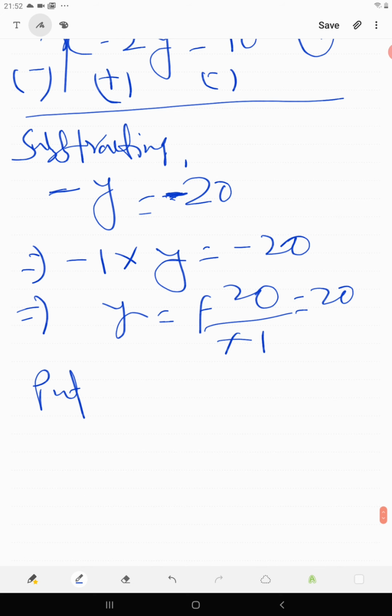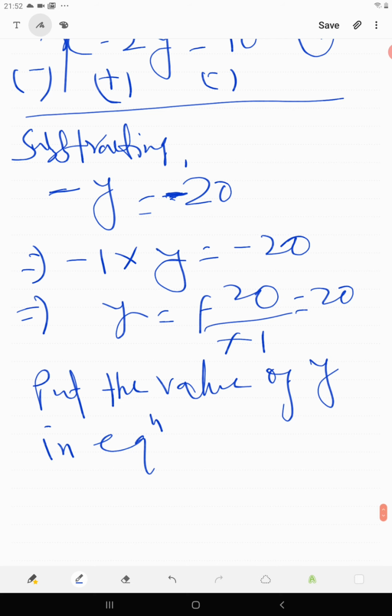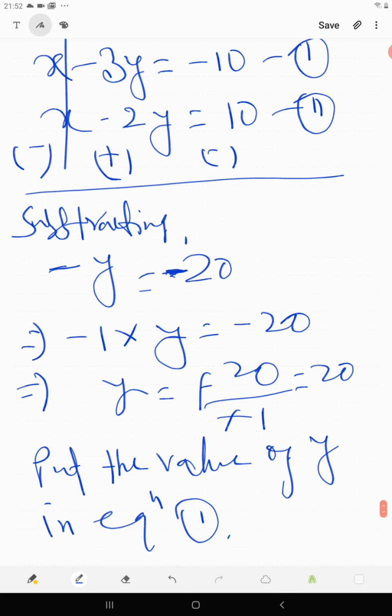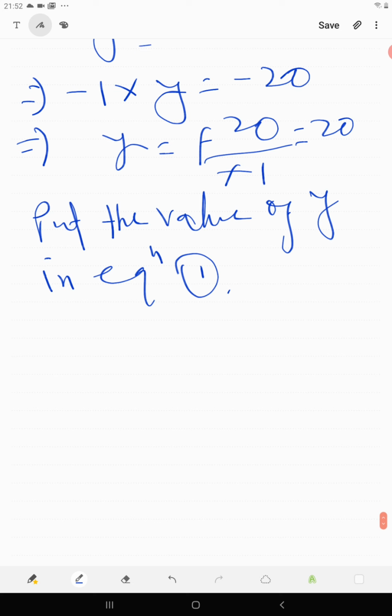Now put the value of y. Put the value of y in any of the equation you can put. In equation 1 suppose. So what is equation 1? X minus 3y equals to minus 10. Correct?